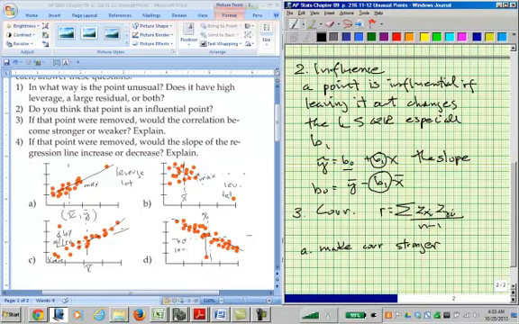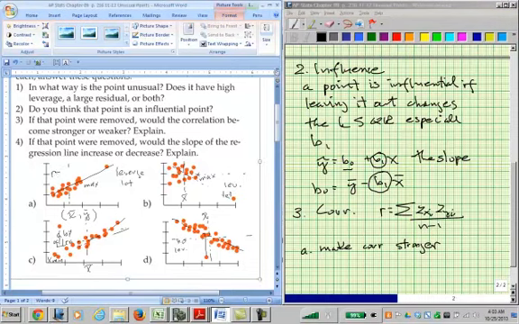Now, let's say we started out, if we leave this out, with r about 0.7. With this point, r would be like 0.8 or something like that. It's definitely going to go up. It's going to make it stronger.